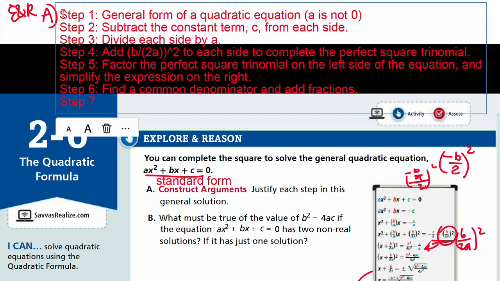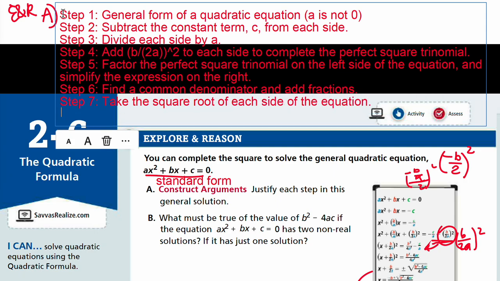Step 7, take the square root of each side of the equation. And step 8, the last one, we subtract b over 2a from each side of the equation. And now we have the quadratic formula.